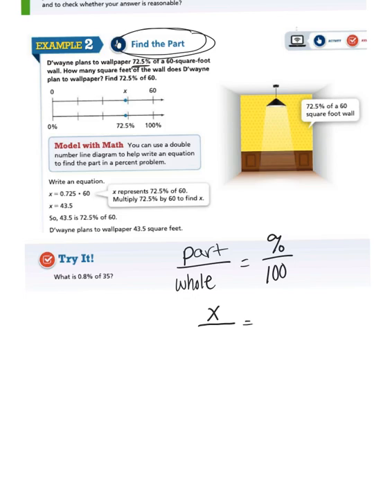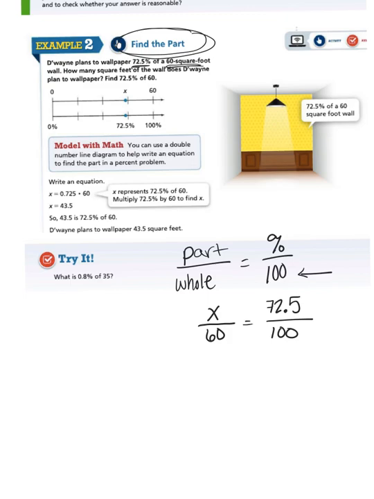Well, we know that his percent is 72.5 over 100 because 100 is in the equation. We also know it is of 60 square foot. The wall is 60 square foot, so the whole wall is 60.